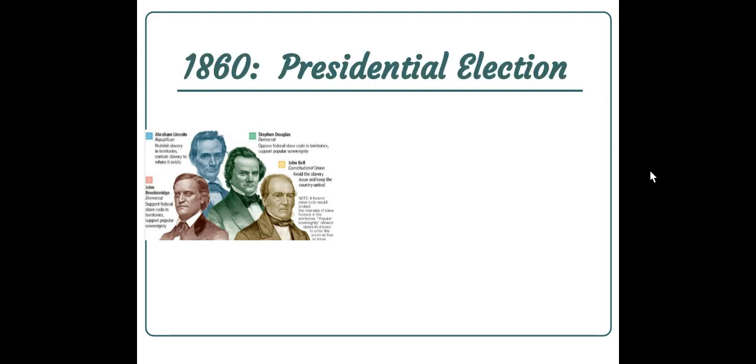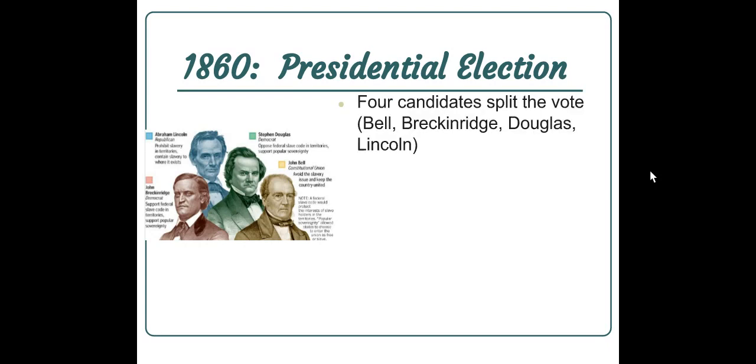Now in 1860, we are going to have a presidential election, and we are actually going to see 4 candidates. It's very unusual, but we have people with different beliefs at this time. So you're going to have 4 candidates who are going to split the vote. You're going to have Abraham Lincoln, who is going to run as a Republican.